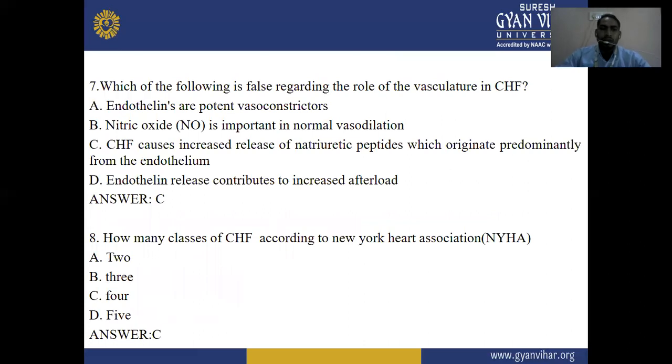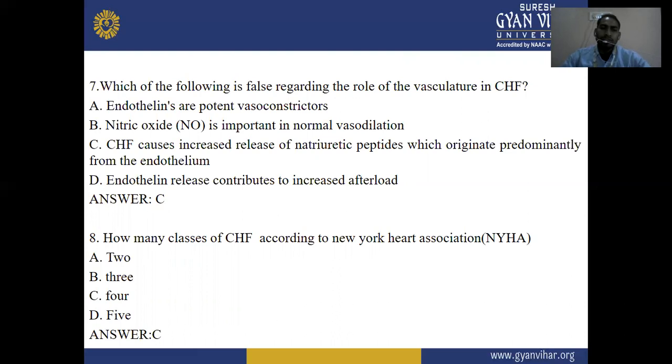Next question. Which of the following is false regarding the role of vasculature in CHF? Option A is endothelium releases vasoconstrictors. Option B is nitric oxide is important in normal vasodilation.